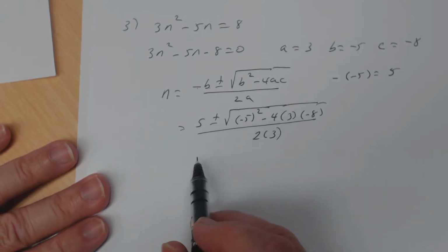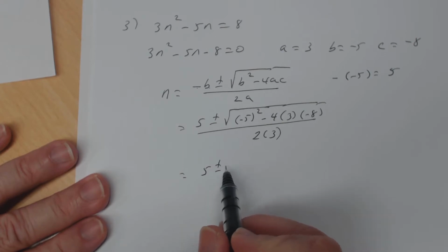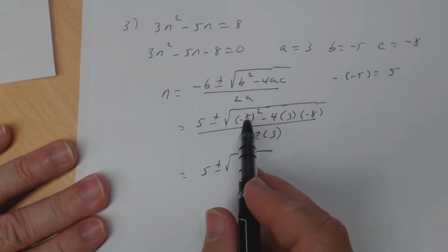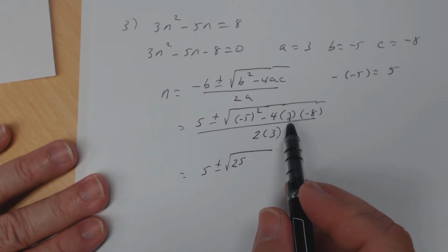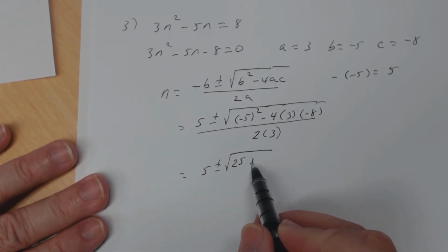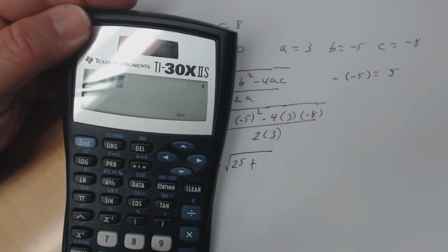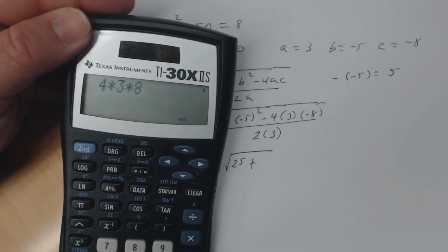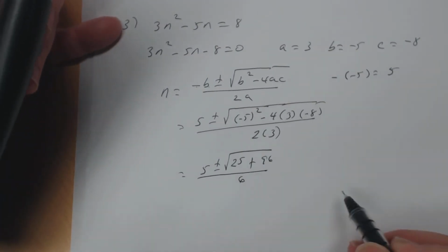Now let's simplify the numbers in the quadratic formula. So we get 5 plus or minus the square root of negative 5 squared, which means positive 25. A negative times a negative is a positive. 4 times 3 times 8 equals 96, all over 6.